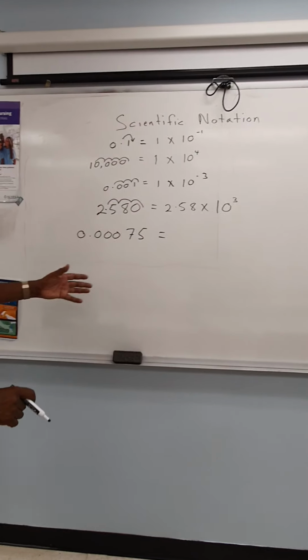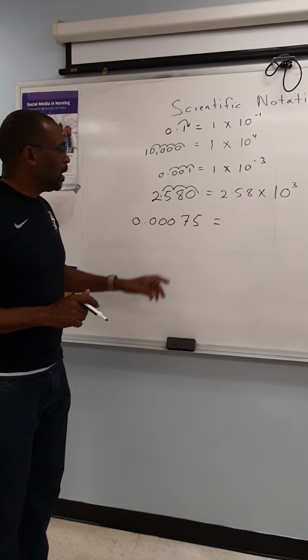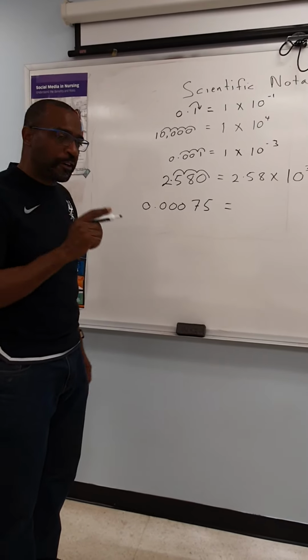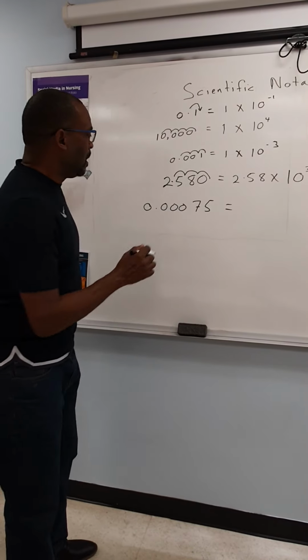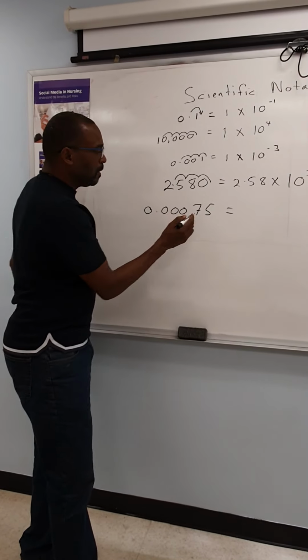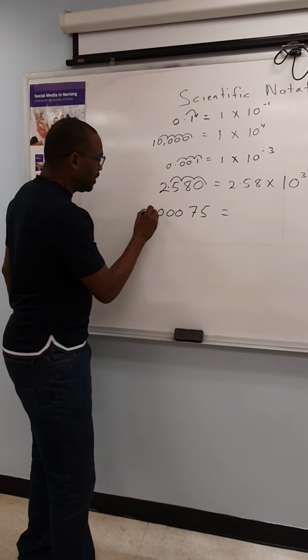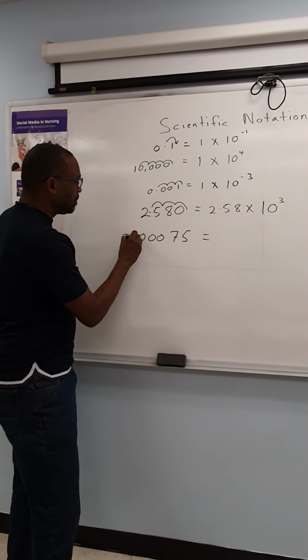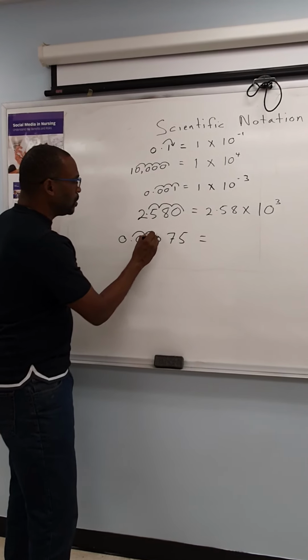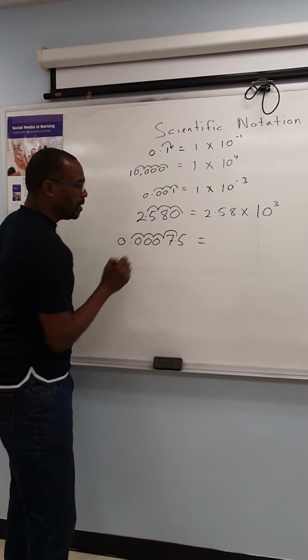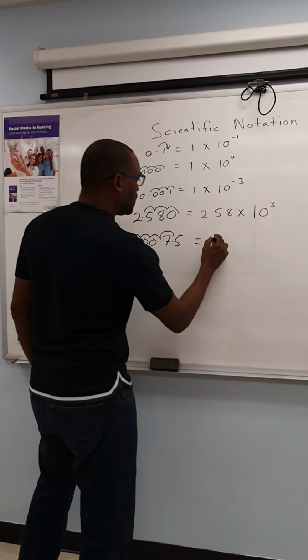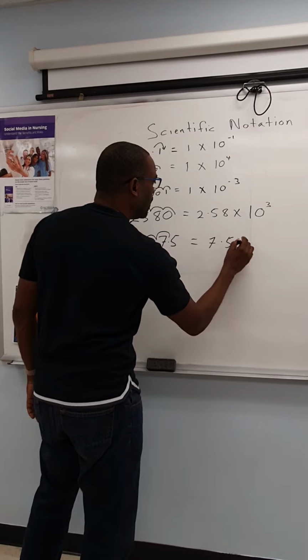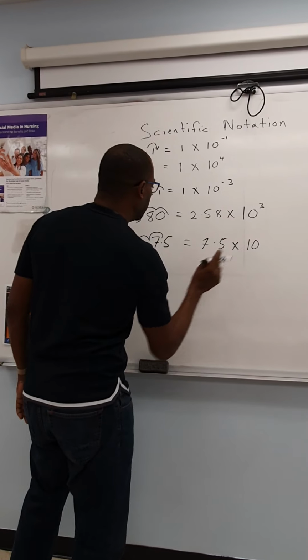Now to represent this, using the rule, you want to get the decimal to the right side of the first non-zero digit. Now there are 2 non-zero digits. The first one is the 7. So to get the decimal place to the right side of the 7, you have to move 1, 2, 3. This is where the decimal ends up. So 7.5 times the amount of times you moved it.